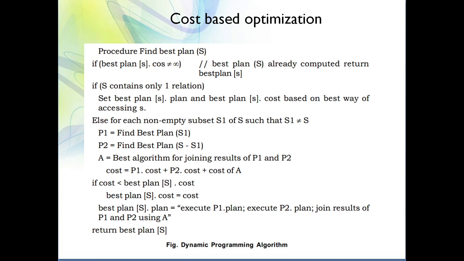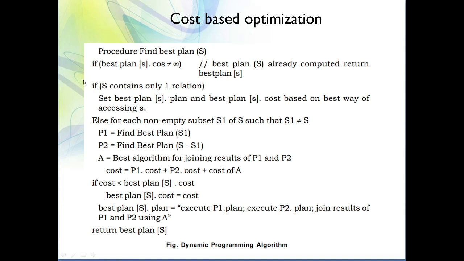So in that case what you will do, first of all P1 equals find best plan of S. Suppose in your query a total of 4 join operations are there, J1, J2, J3, J4. So in that case you just divide this into two parts: first J1 join with J2, and second J3 with J4.